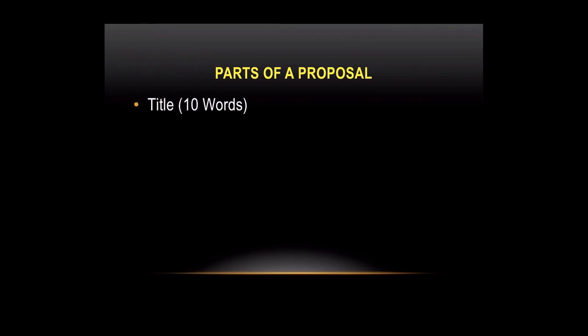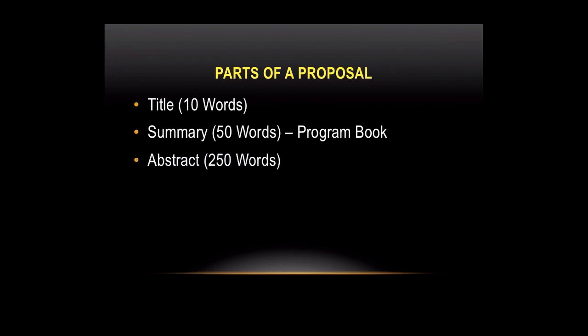We're now going to focus on the parts of a proposal. It consists of a title, which should be no more than 10 words. The maximum is 10. A summary, which will be in the program book, and this is a maximum of 50 words. And then the abstract, which is part of what the reviewers look at, and that's a maximum of 250 words.